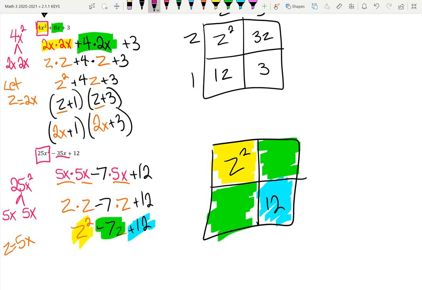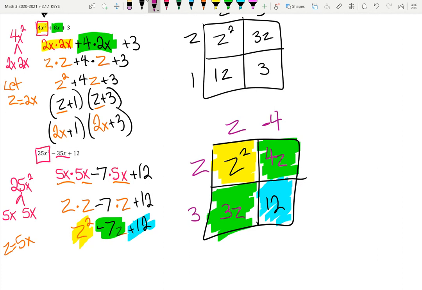Easy answer, z times z, only possibility. Now I need to get 12, but I need to get a negative. If I do just 4 and 3, that's going to be 4z and 3z, which will give me 7, but it's not negative.